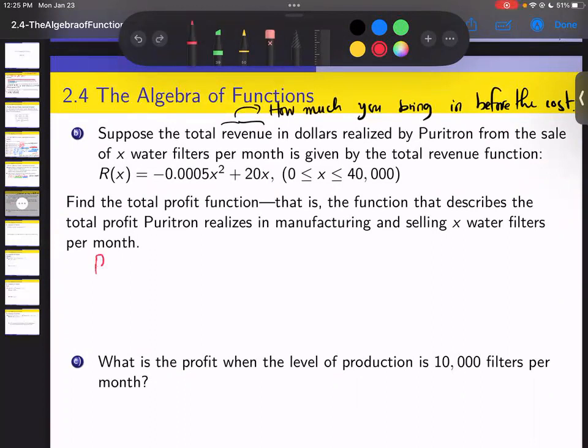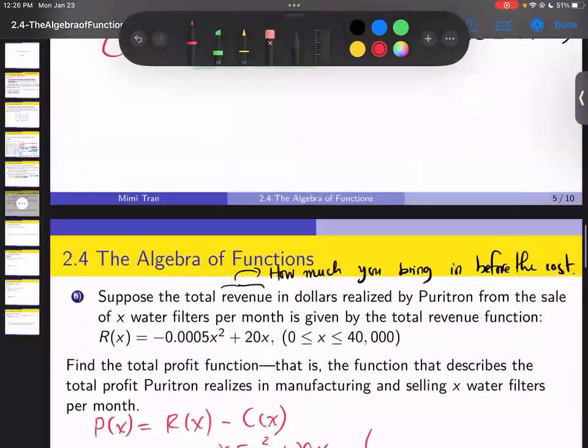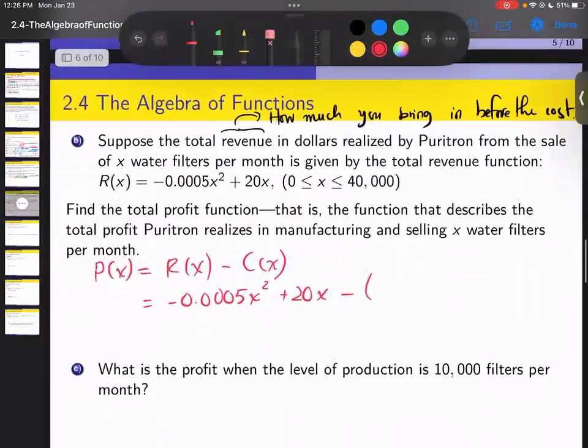So P of x, profit, equals revenue minus the cost. You plug it in. Negative 0.0005 x squared plus 20x minus, careful, you're going to have the parentheses. What's the C function right there? So minus, negative 0.0001 x squared plus 10x plus 10,000.